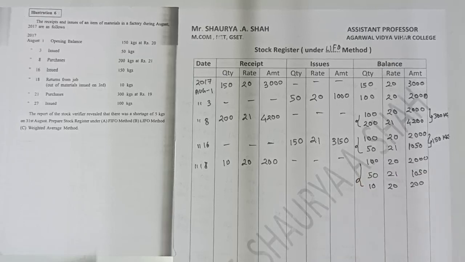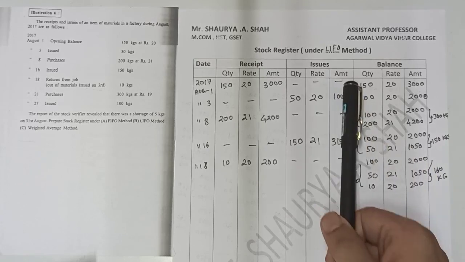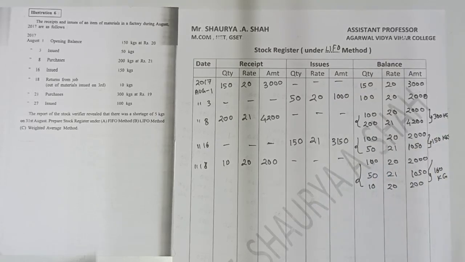So now I am having a total of 160 kgs. Is it clear to all of you, right? That is why in advantages and limitations we saw that the closing stock of the LIFO method is always the oldest at the old price, right? Because the person who came first is in the batch itself, not going out. I hope it is clear.